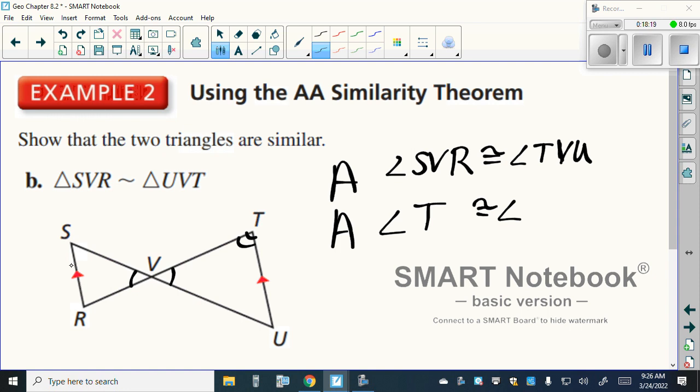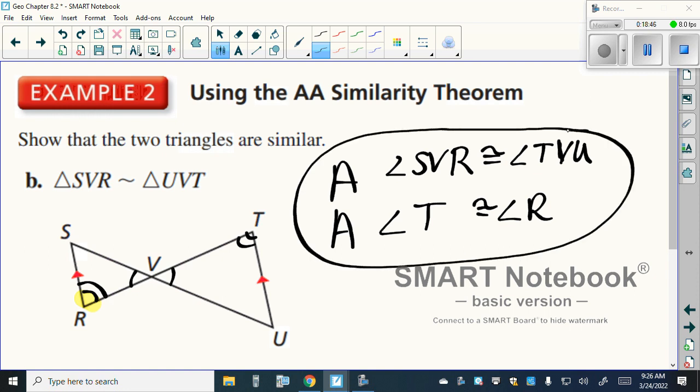Is it S or is it R? Because it is alternate interior angles. They're alternate interior angles. By that same reasoning, we could actually say that angle U and angle S are congruent, because those are also alternate interior angles. Any questions on this here?